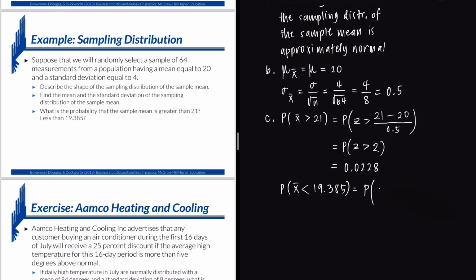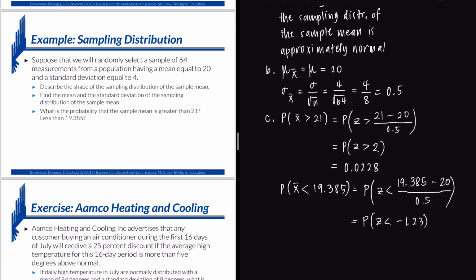So again, going back, we convert 19.385 to z using the same formula. So that's 19.385 minus 20 over the standard deviation of 0.5. And when we compute for this particular z-score, we will get negative 1.23.